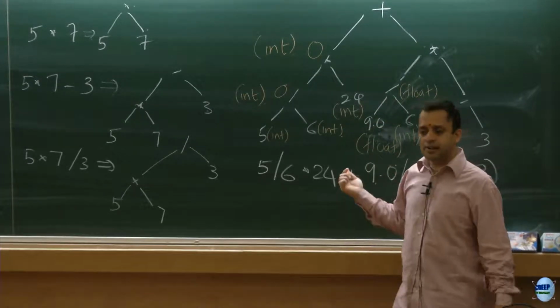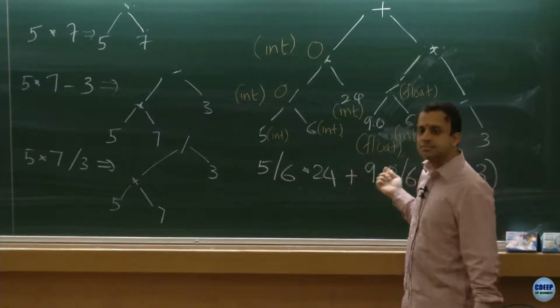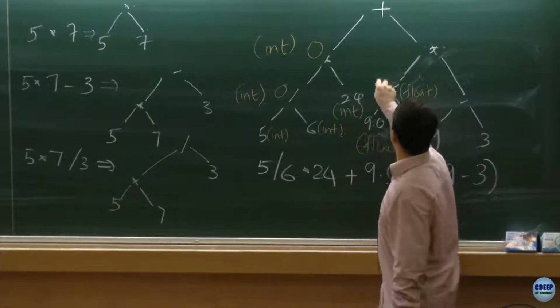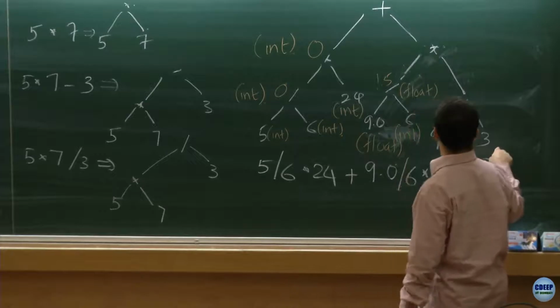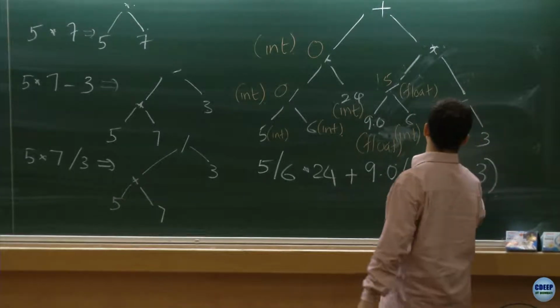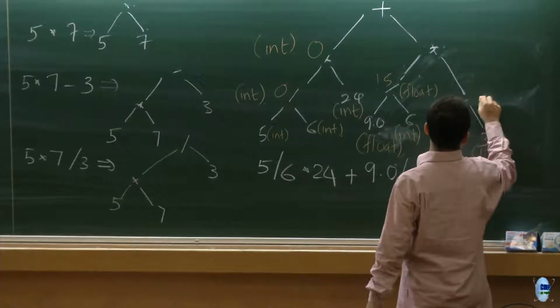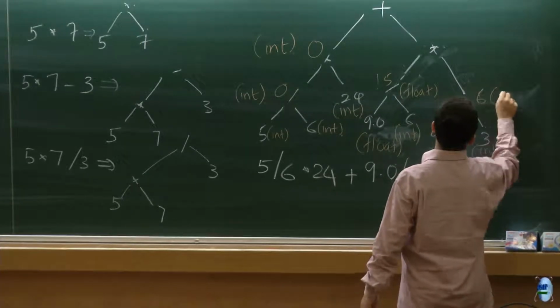What will be the result? Yes, 1.5 minus 3. So again this is straightforward. Int minus int is an int, that is equal to 6.